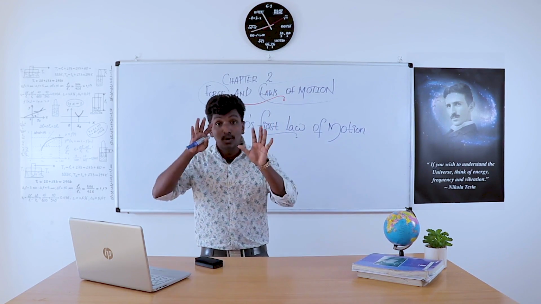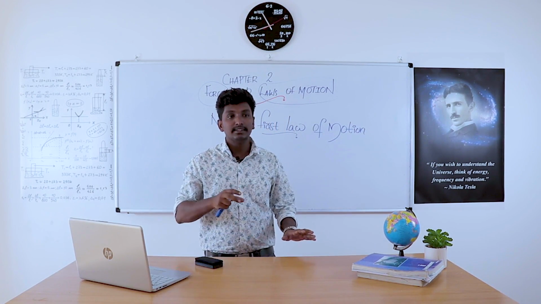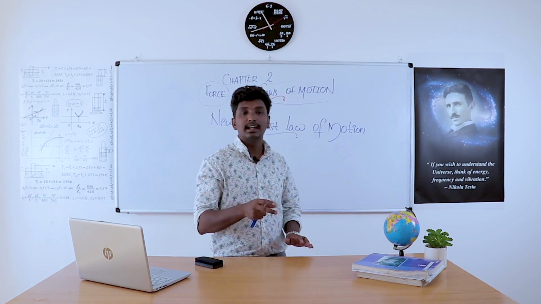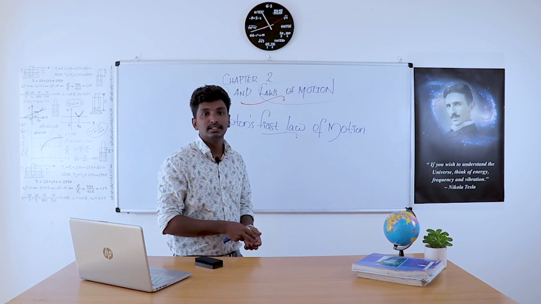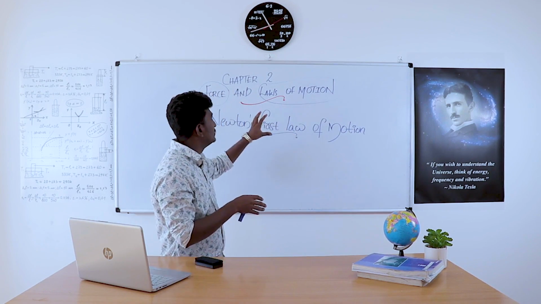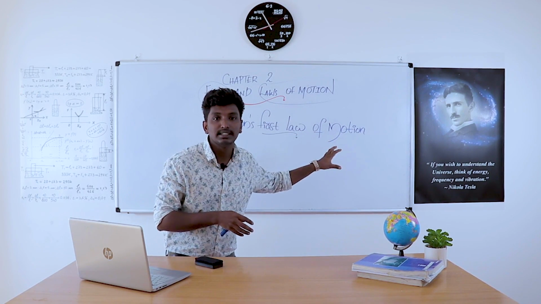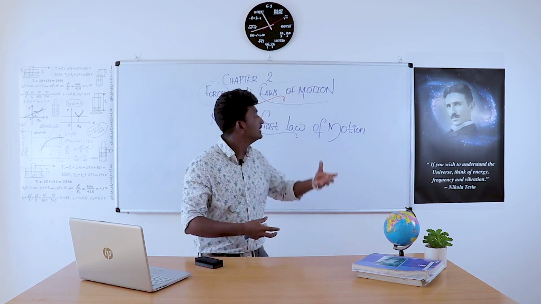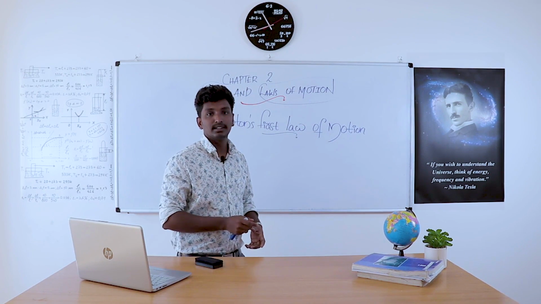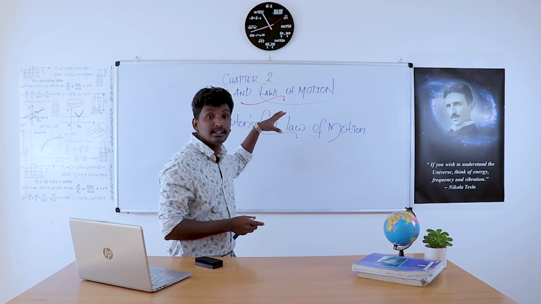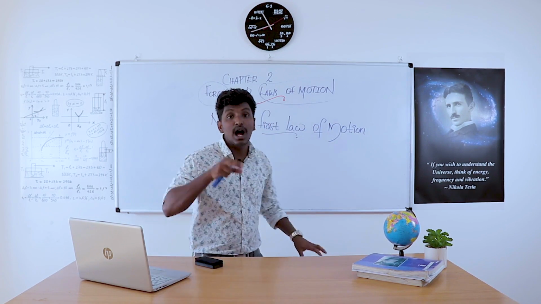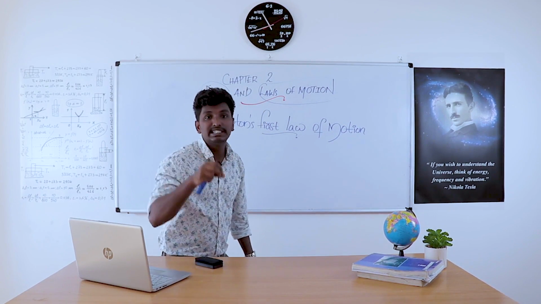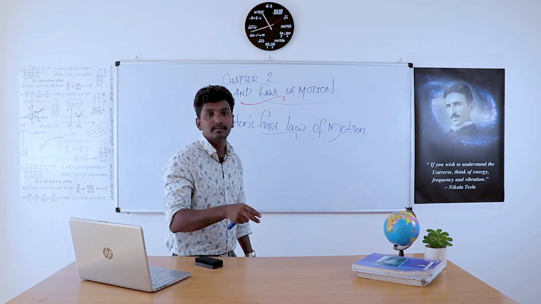And if the body is in motion, then we can bring that body to rest by applying an unbalanced external force. That's what Newton was trying to explain using his first law, the unbalanced force which can change the state of the body.